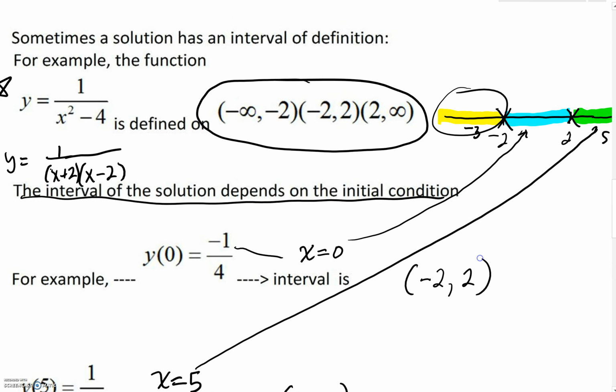So that's really what we're talking about right here. When a function has discontinuities, we have to be very, very specific about which interval is going to be represented as a part of the solution. The initial condition is going to nail that down. So believe it or not, that is lesson 1.2, day 1. Good luck.